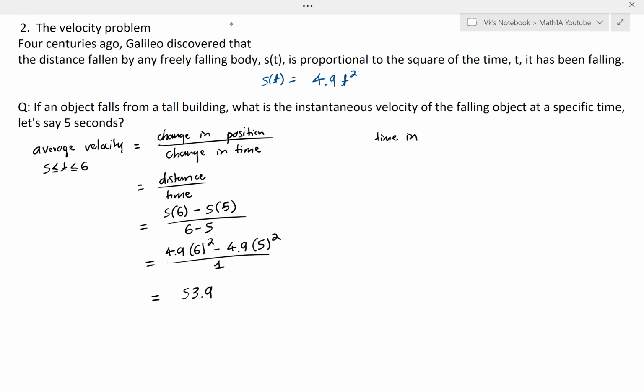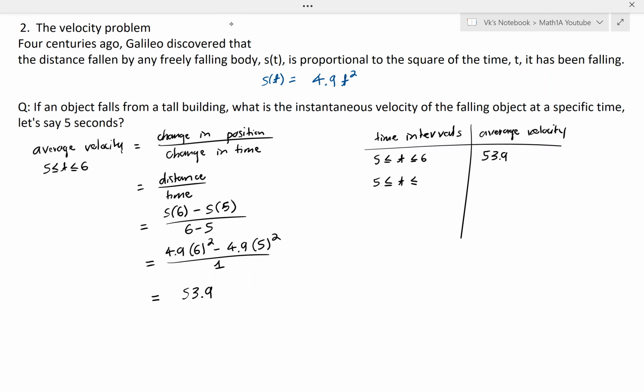Time interval, average velocity. Between 5 and 6, the average velocity is 53.9. Between 5 and 5.1, do the calculation and you get 49.49.